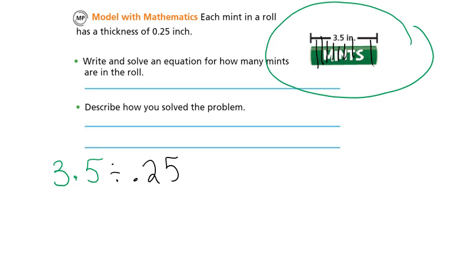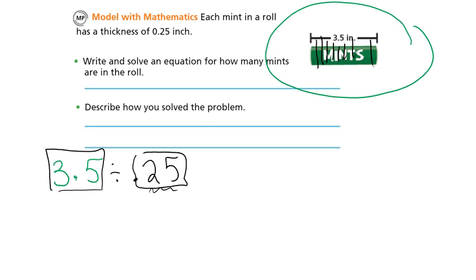So I'm going to estimate. I'm going to think to myself, I know that 4 groups of 25/100ths equal 1. This is 3. I'm going to also look at my basic fact here. Got a 35 and a 25.